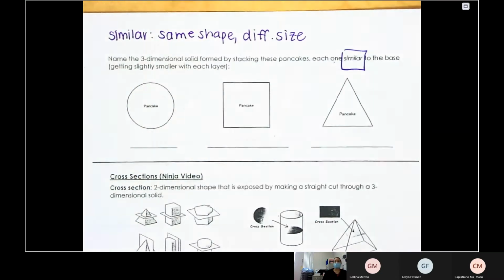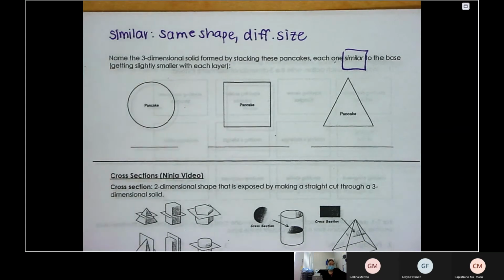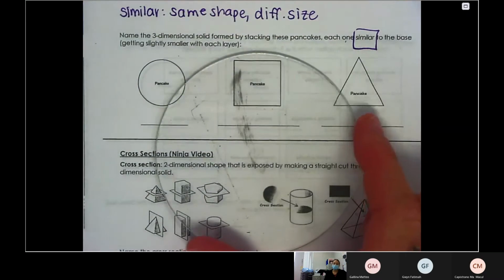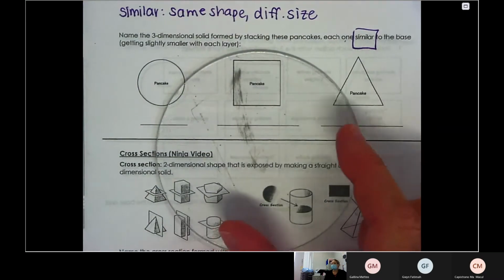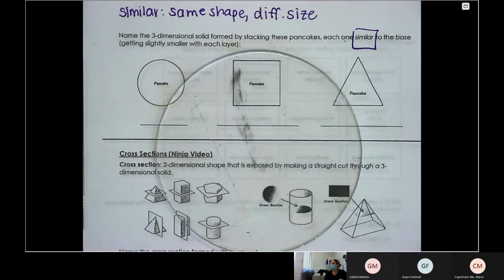So I want you to think about if I'm stacking pancakes this time, the pancakes are going to get smaller with each step that I take, right? I'm going to start with a normal size circle pancake, but then each one that I put on top of this pancake is going to get smaller and smaller, till what?